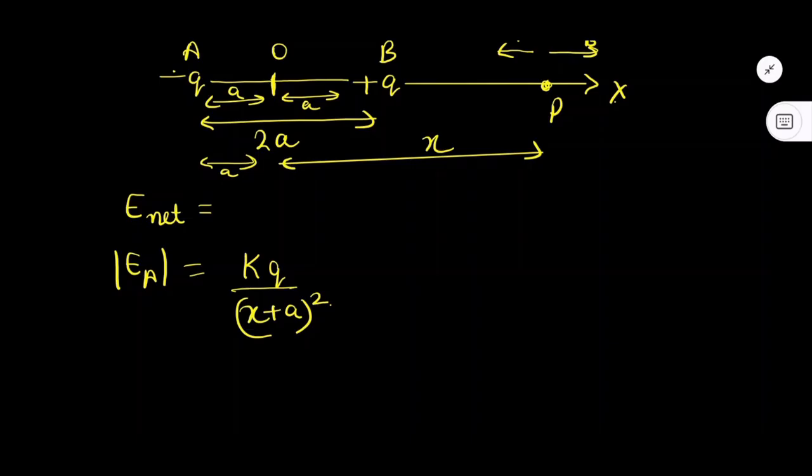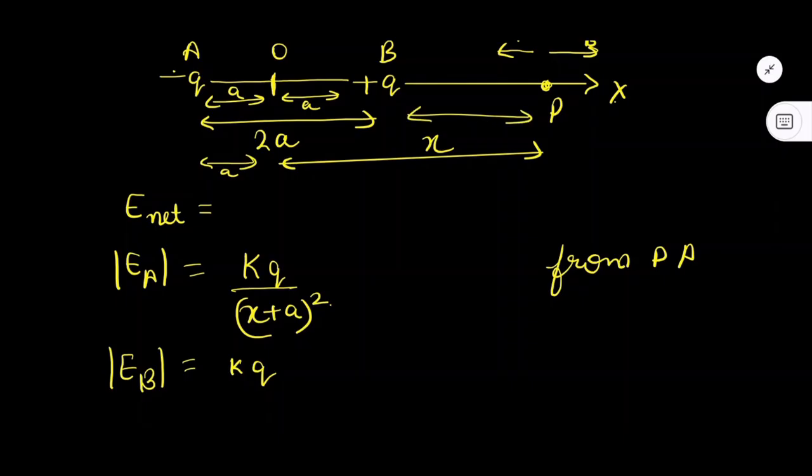And for the direction, the direction of the electric field is from P to A. If we write the electric field due to B, it will be kQ upon, the distance, whole is x, and we need to subtract, x minus a the whole square.